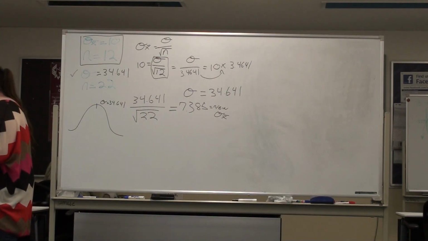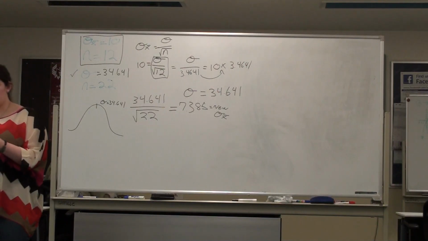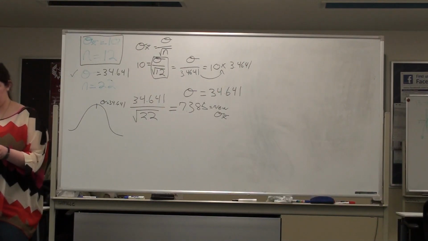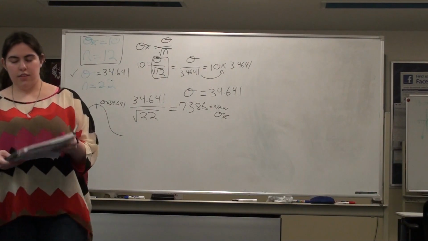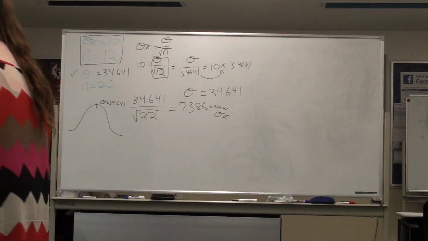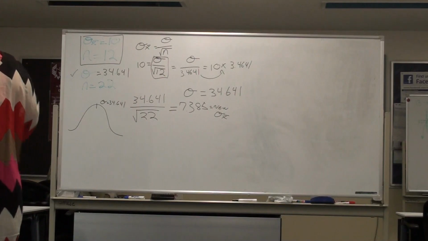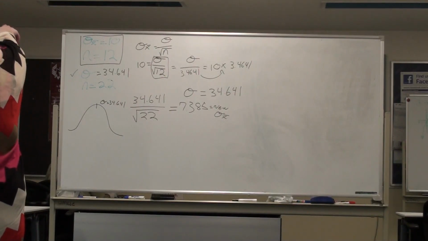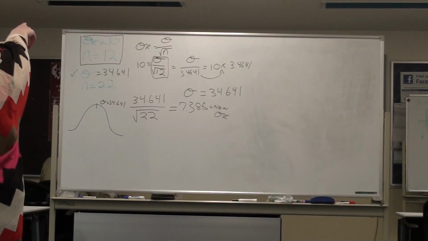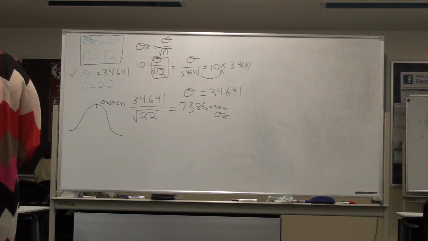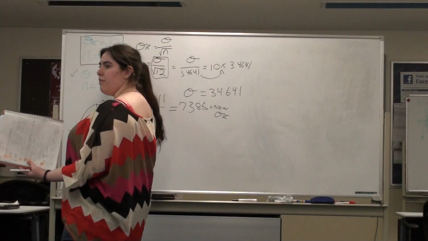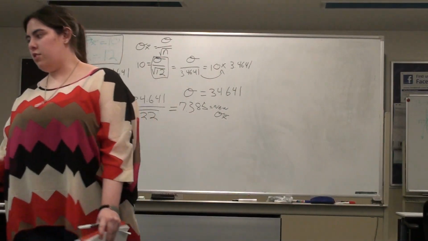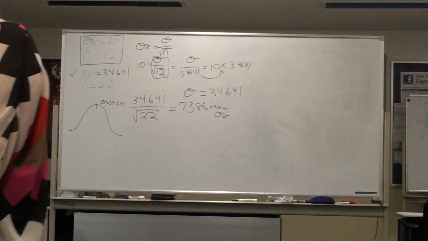So the standard error, that sigma x bar, should be 25, I think. No, it's 50. This one would be 50 and this one would be 25. And then you just do the same exact math again.